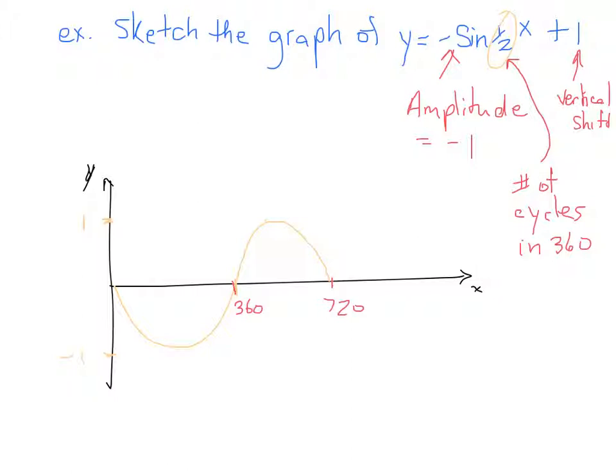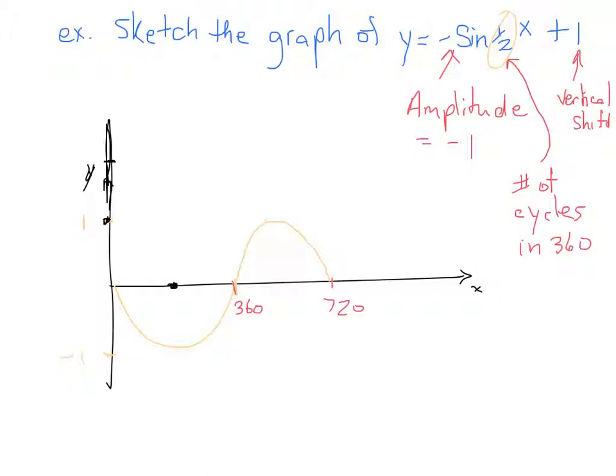All right, now we can shift this vertically up 1, which means we needed more space, but that's okay. We'll just fake it here. All right, so our highest point will be 2, and our lowest point will actually be 0. Let's use a different color.